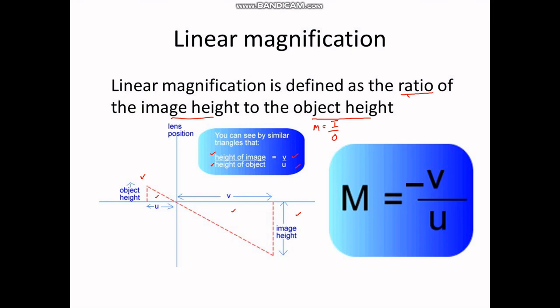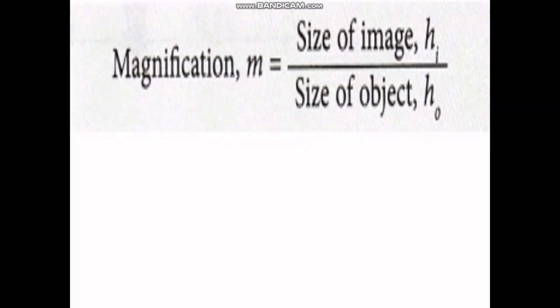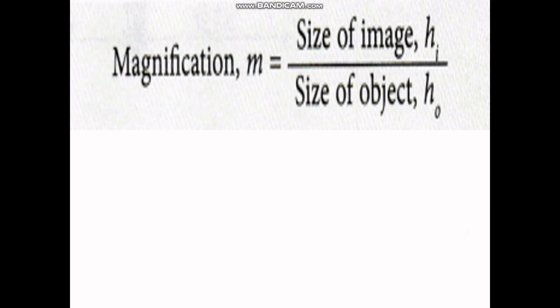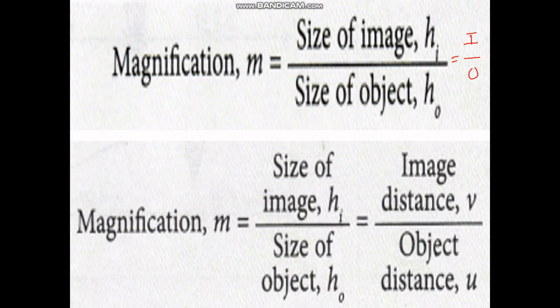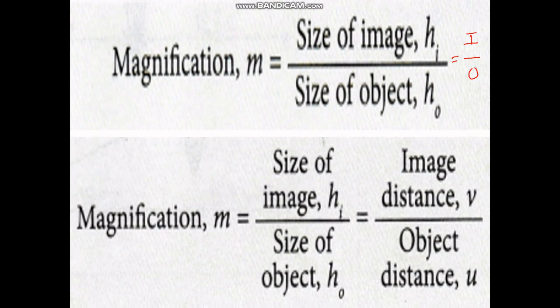So, M is also equal to V/U. So, remember, magnification is size of the image upon the size of the object, or you may write it as I/O, which equals image distance upon object distance.